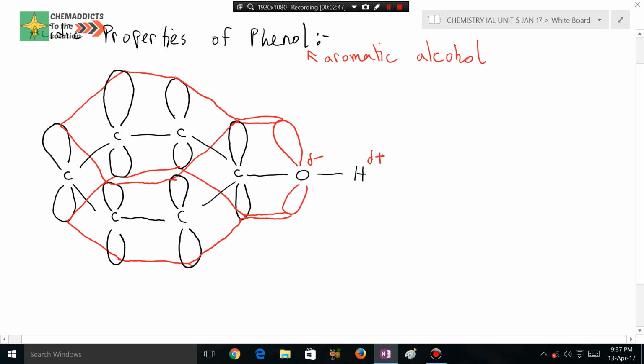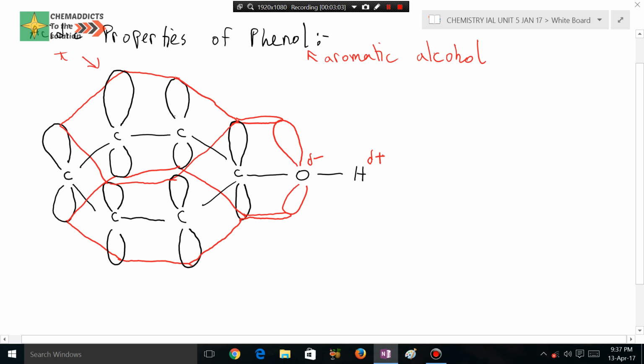Here, this is the structure of phenol. As we can see, there are continuous pi bonds over here, up and down.